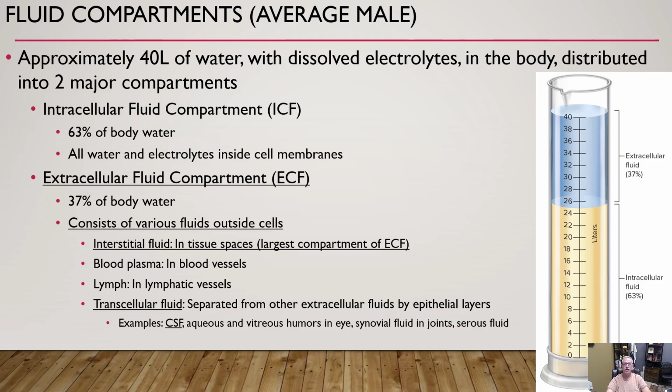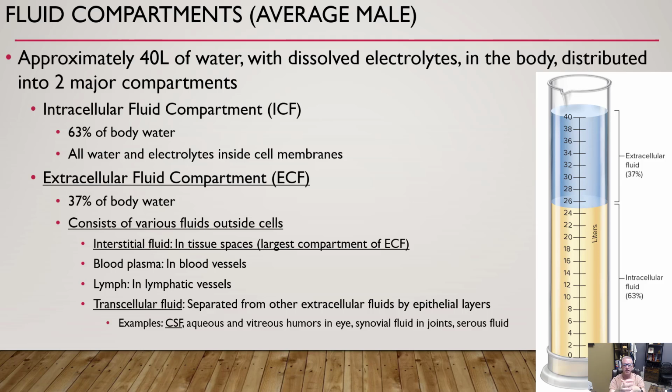So think of your aqueous humor and your vitreous humor in your eyeball. It really doesn't migrate outside of your eyeball. Your cerebrospinal fluid doesn't really migrate to your big toe. Synovial fluid in your knee joint really doesn't migrate outside of your knee joint.